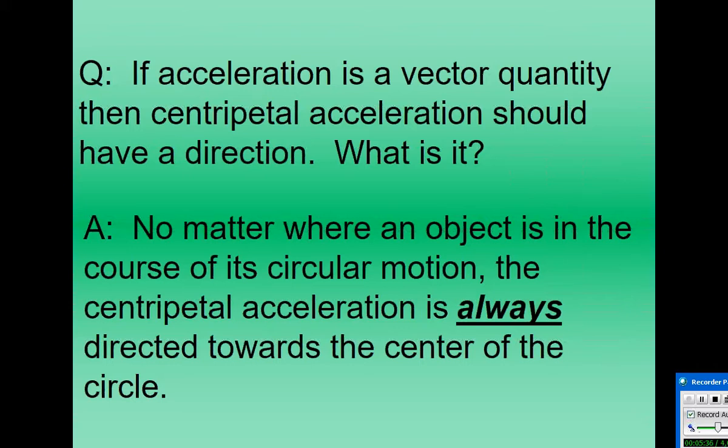But there is always centripetal acceleration if you're going around in a circle, not just at constant speed, but as long as you're moving around the circular path. Speeding up, slowing down, don't care. If you're going around a circular path, you have centripetal acceleration, at least as a component of your overall acceleration.